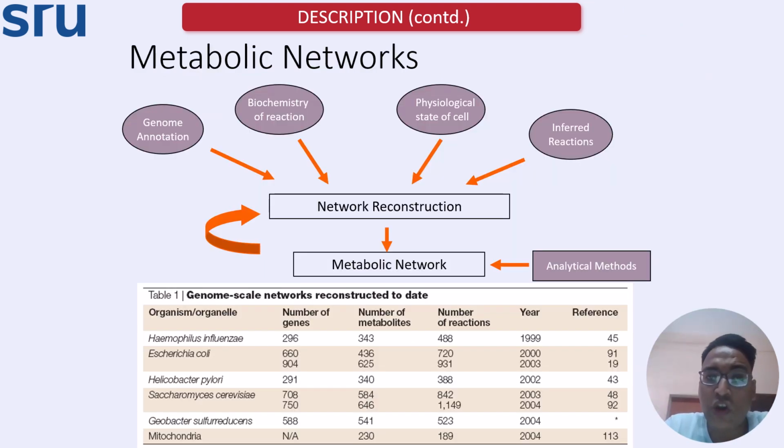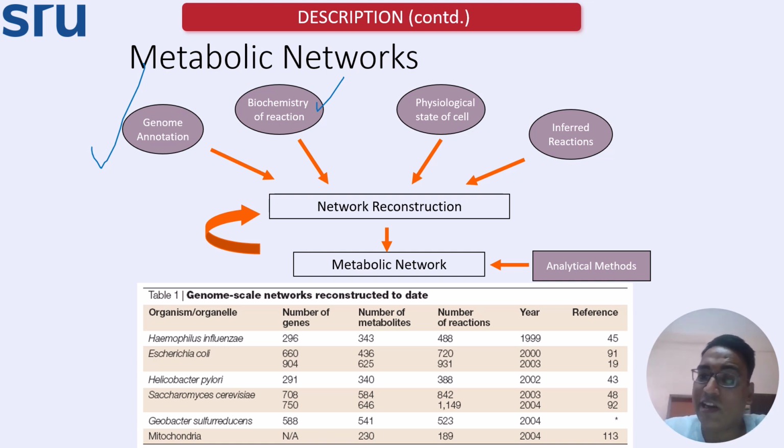So, how do you actually build up the metabolic network? What all molecules or what all information should you consider? Remember that whenever we are building all this, we need the genome annotation for all the enzymes coming up. What is their functional behavior? Okay, biochemistry of the reaction: under what condition, what thing they are doing the reaction.